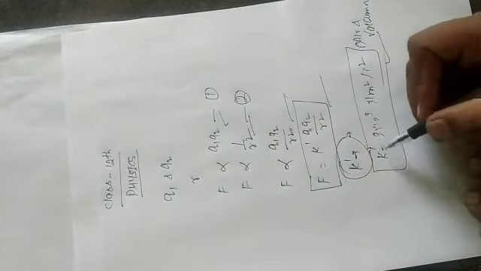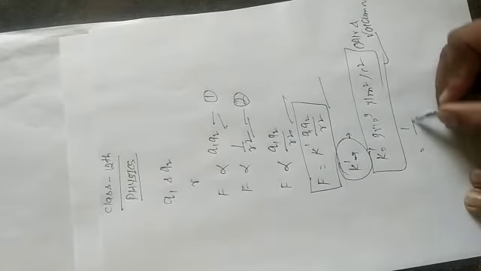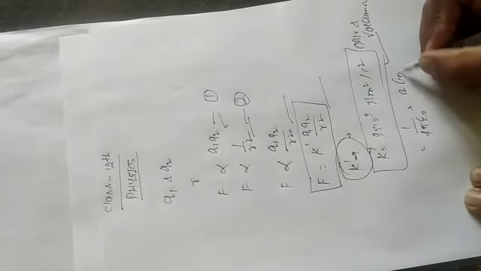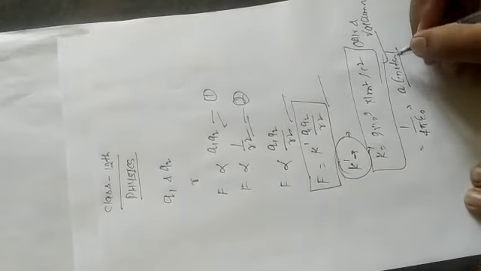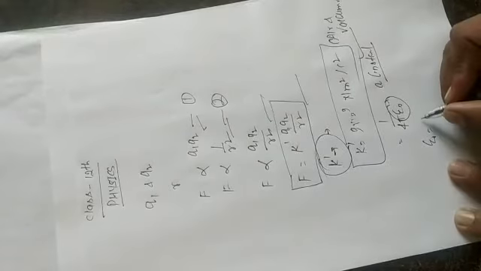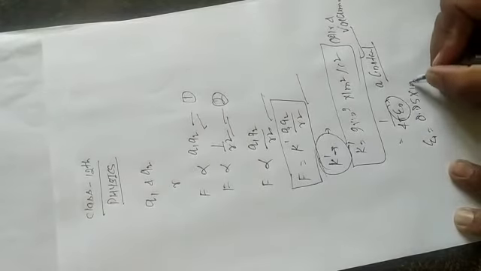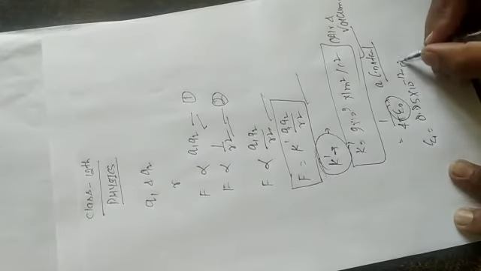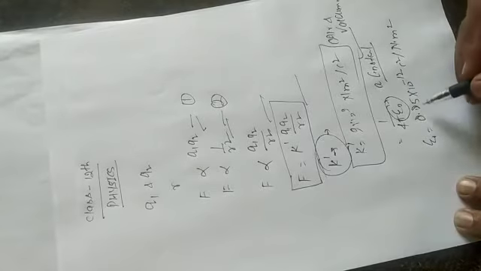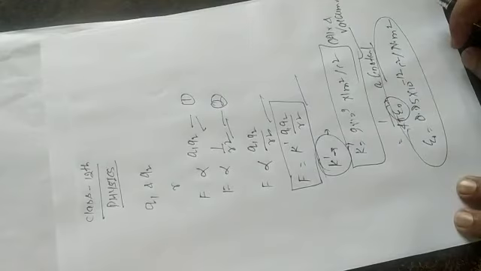Finally we achieve one proportionality constant, 1 upon 4 pi epsilon naught, also a constant. Here epsilon naught is also called permittivity, and its value is 8.85 into 10 to the power minus 12 Coulomb square per Newton meter square.